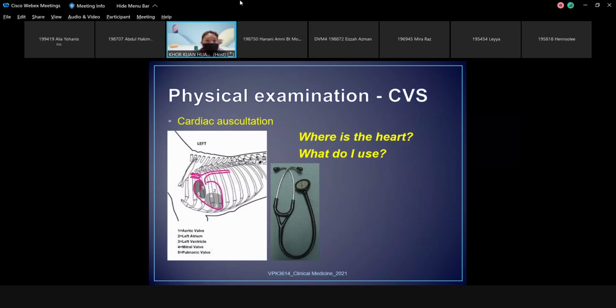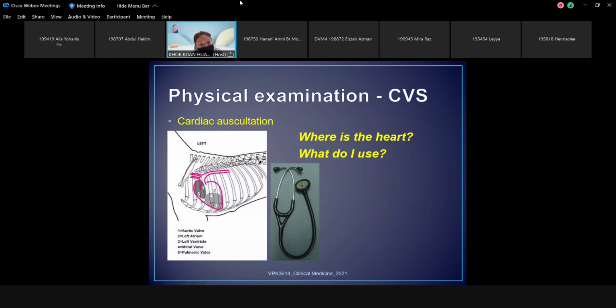In all physical examinations for cardiovascular disease, it will not be complete without a proper auscultation. Just now, I want everybody to know their valve names. It's very important because different parts of the heart on different sides of the chest will give you different heart sounds. But you need to know where the heart is.